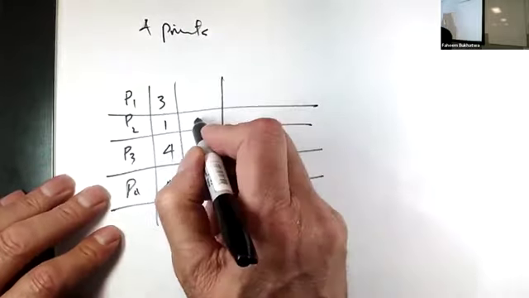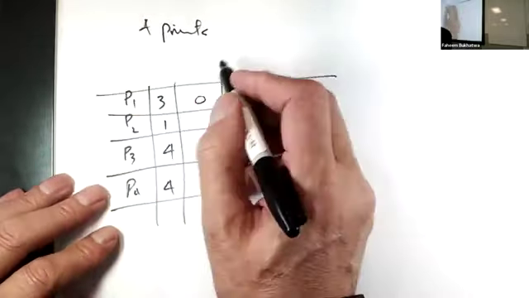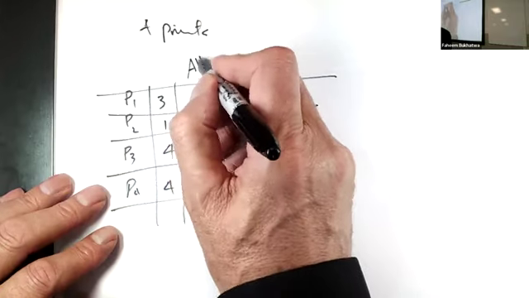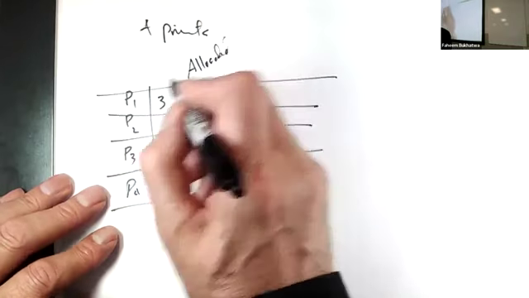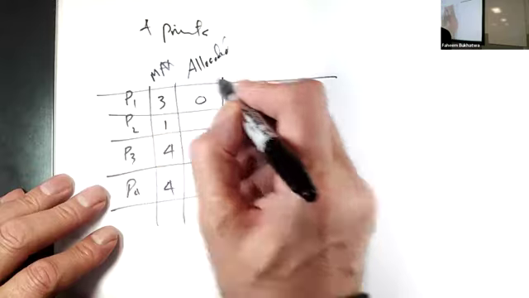And this one has got 0 already allocated. Maximum and remaining.